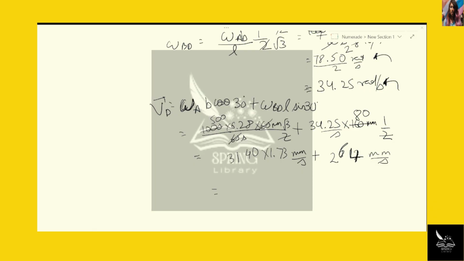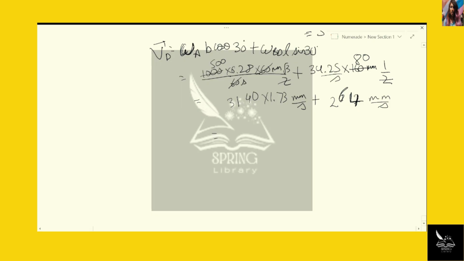Let's calculate. 3140 times 1.73, that's 5432.2.